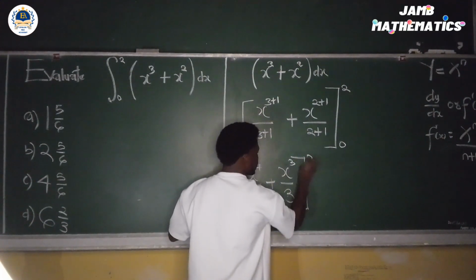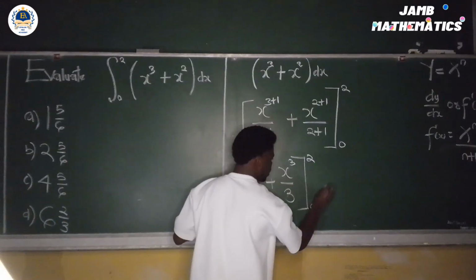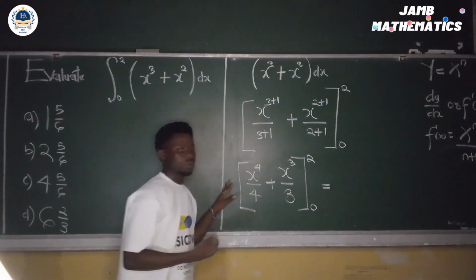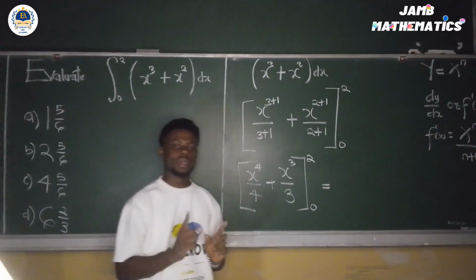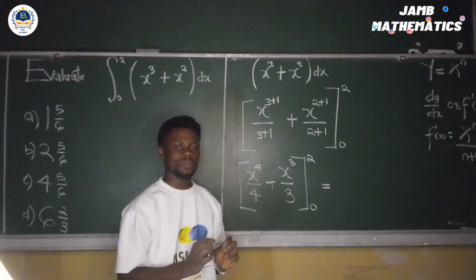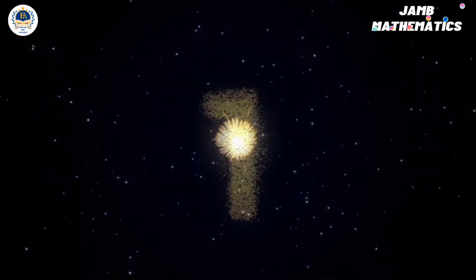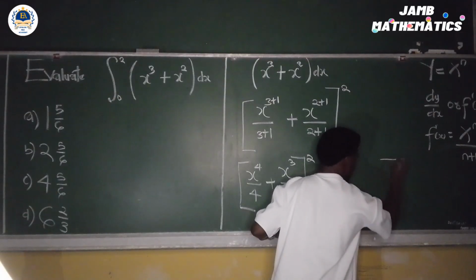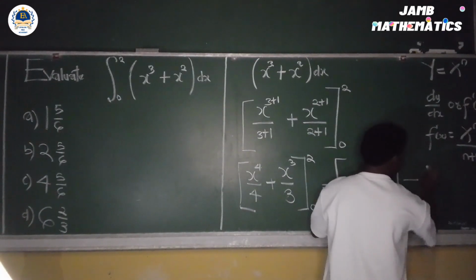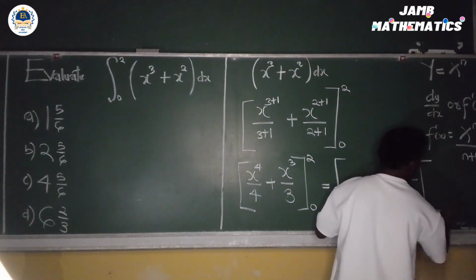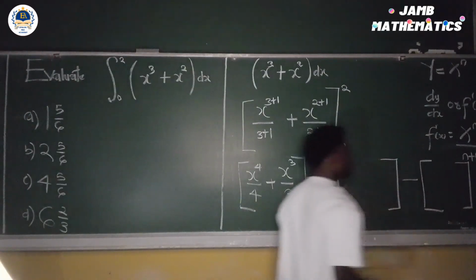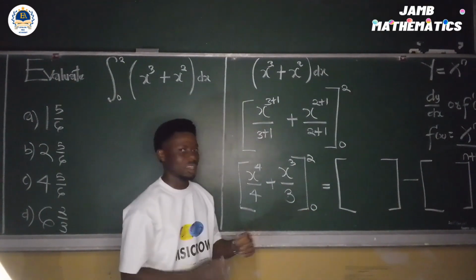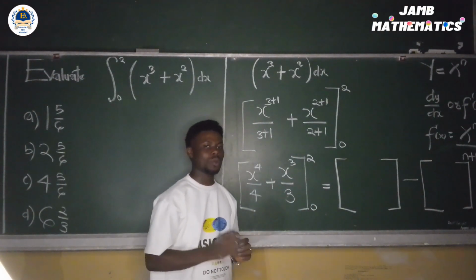The upper limit is 2 and the lower limit is 0. So the next thing to do is to provide two different brackets. Now, that becomes the first bracket minus another bracket, the second bracket. So first bracket minus second bracket, that is what we do in upper and lower limit.